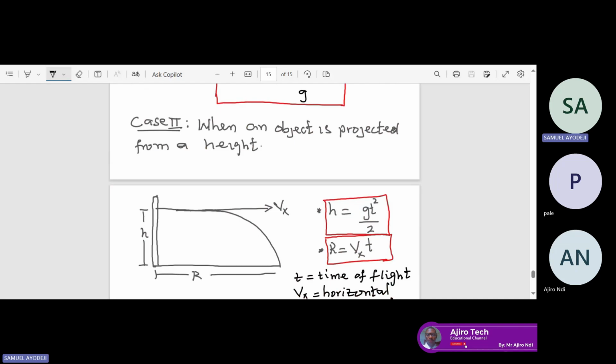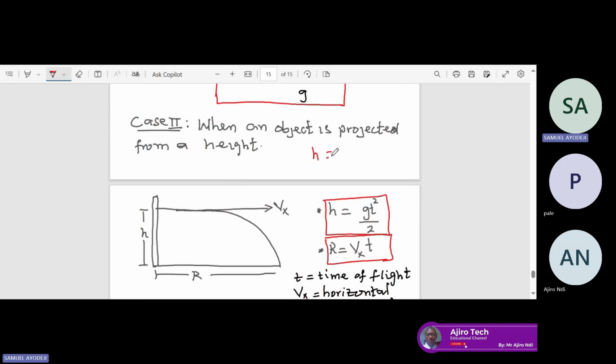But under this, you have to formulate this. So you might need to use the two at the same time to get the answer. For instance, you're looking for range, and you're given the height.